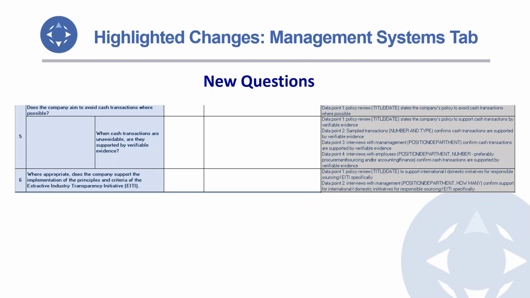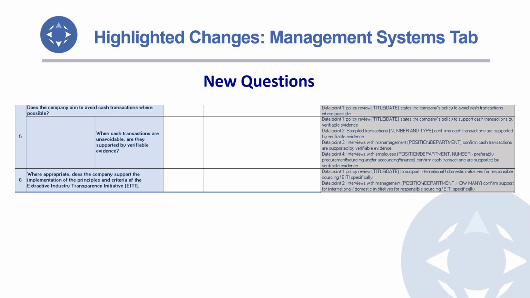For gold specifically, the standard was amended to specify that additional due diligence must be carried out in alignment with the Financial Action Task Force requirements for transactions of over 15,000 USD in cash. And then finally, there was a question added here, number 6: where appropriate, does the company support the implementation of the principles and criteria of the Extractive Industry Transparency Initiative?